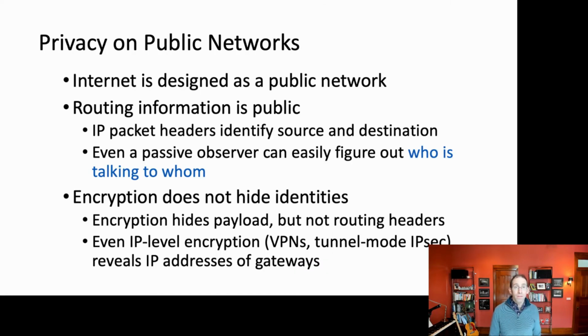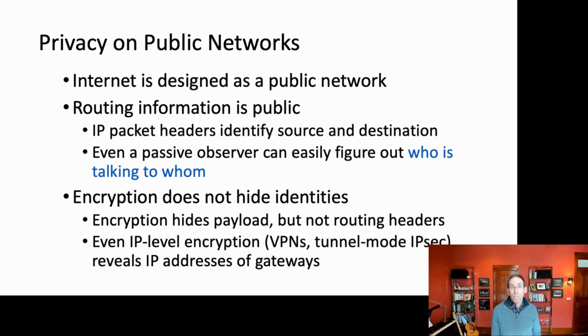The internet is designed as a public network, and the information that traverses it is by default public. Even if the traffic itself is encrypted, the packet headers in an IP packet identify the source and destination of the traffic. Thus, even a passive observer can easily figure out who's talking to who.